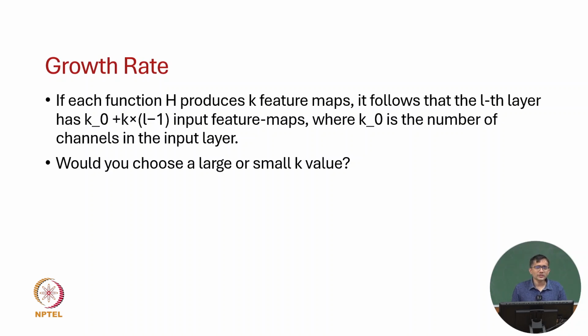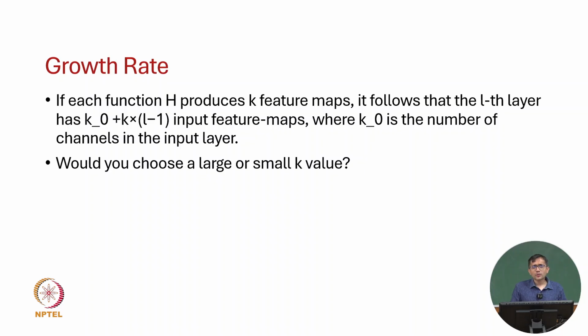Given this information, the natural question that one would ask is whether you would choose a large or a small k value. So let's try to reason about this. Think about it: if you choose a large k value, what would happen?